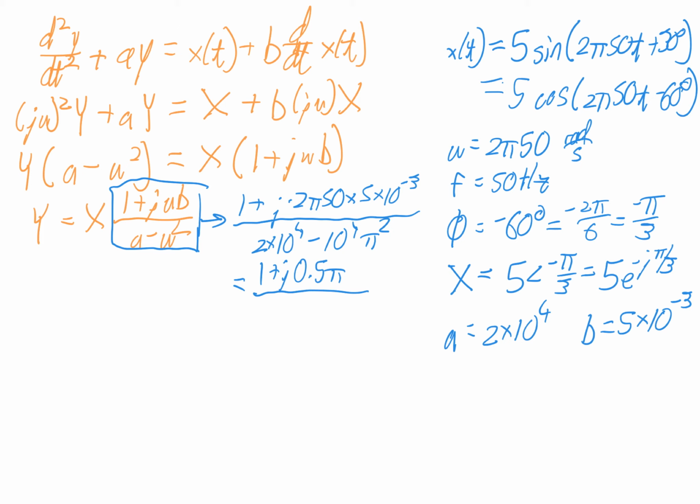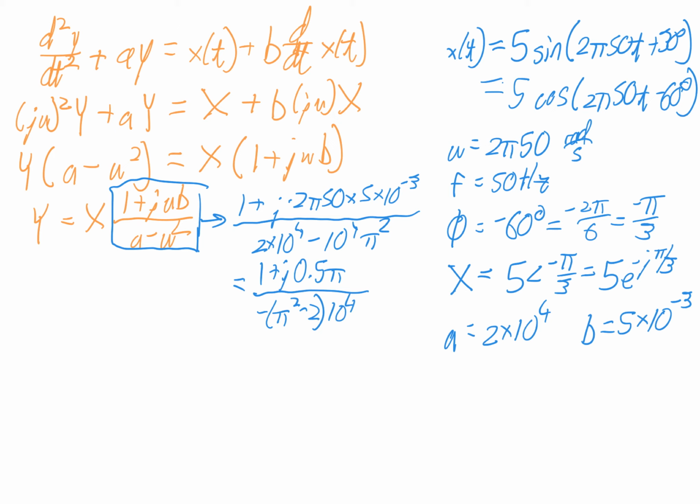And then in the denominator, we have a 10 to the 4th term in each of those, and then we have 2 minus pi squared, so it's going to be a negative number, negative pi squared minus 2 times 10 to the 4th.